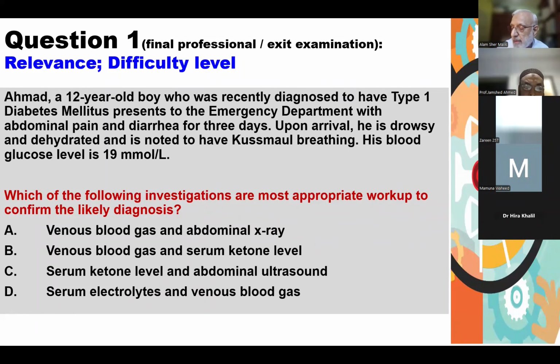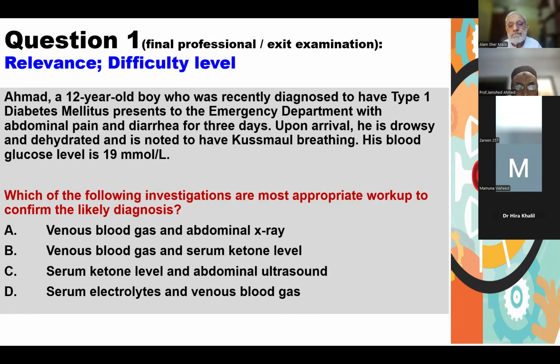So we would categorize it as essential. Now, this is based on relevance. What about difficulty level? Dr. Hira, do you think this is difficult, or easy? I just think it's moderate. All right, so you think it's at the moderate level.